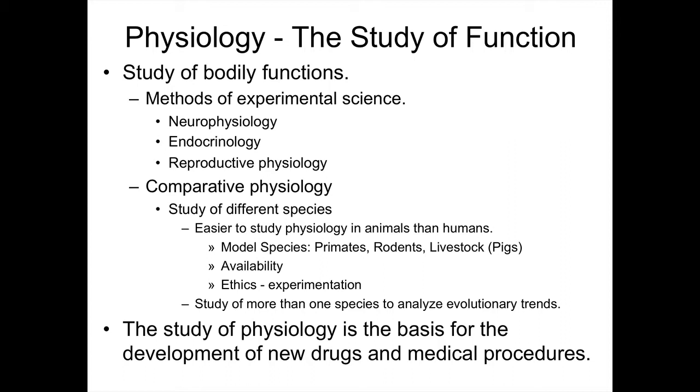Now, because physiology is a study of function, a lot of times it involves animal experimentation, which can become an issue when it comes to ethics. In pharmaceutical research and development, when you have a new drug which is being tested, it first has to go through in vitro testing, then it has to be tested on live animals, which in most cases are rodents or primates or livestock, cattle, that kind of stuff.